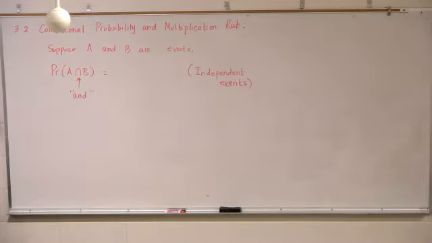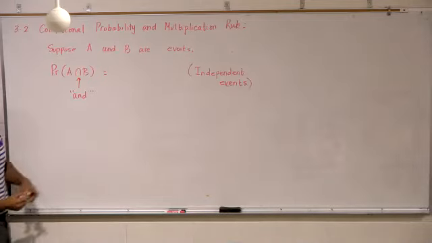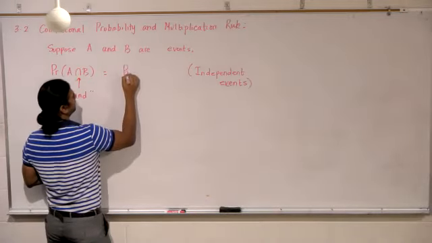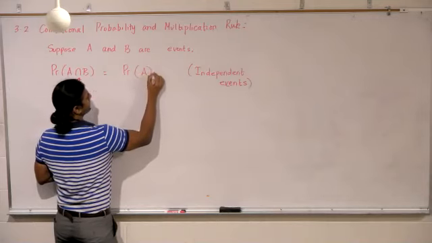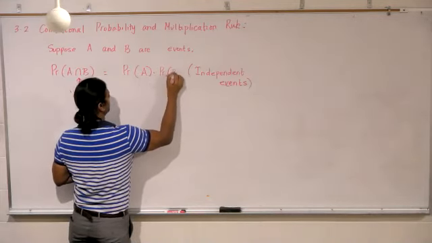So if we have independent events, then I could simply write it as the probability of A multiplied by the probability of B.